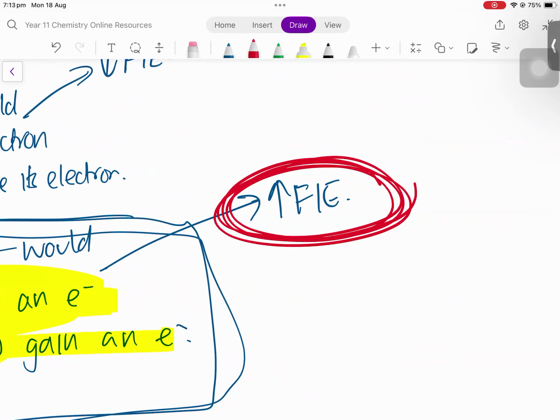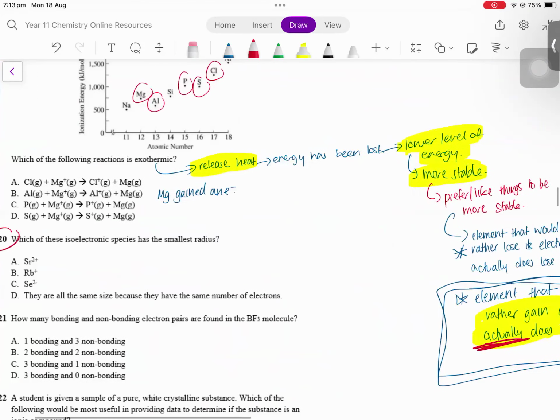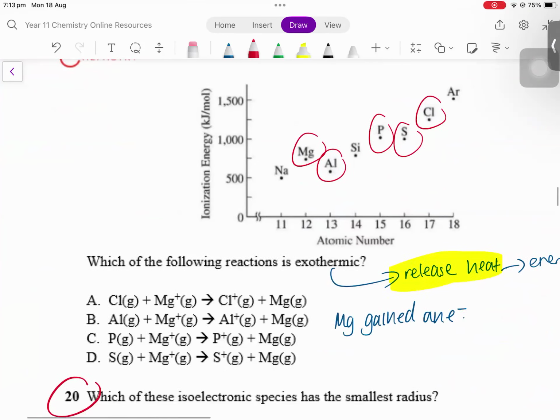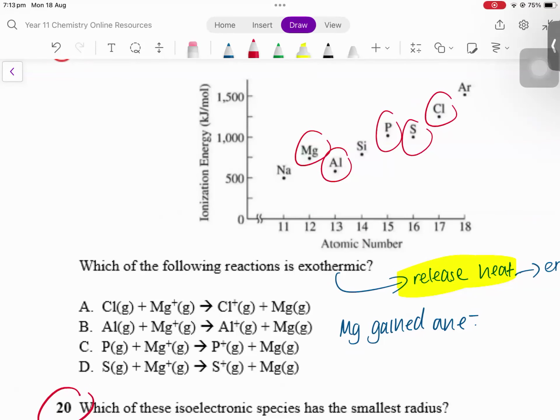Magnesium has the higher energy, the other one has the lower energy. Which one's your answer? Magnesium needs to be the one with the higher energy. The other one has to have the lower energy. Good. Your only answer here is going to be aluminium.